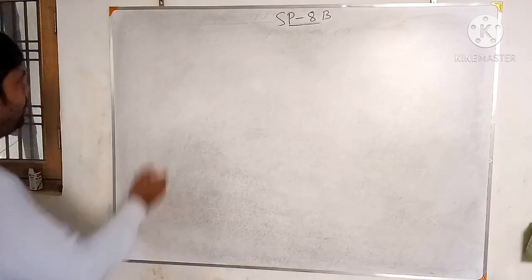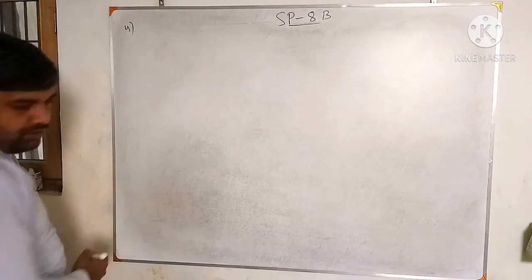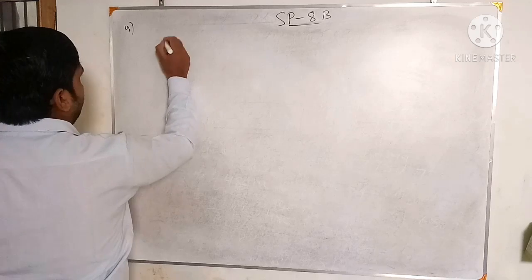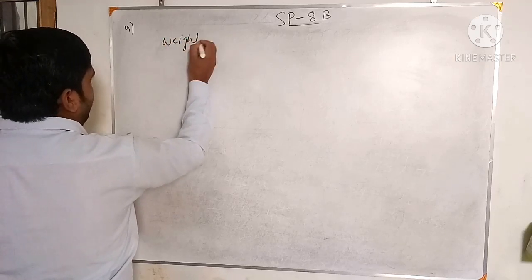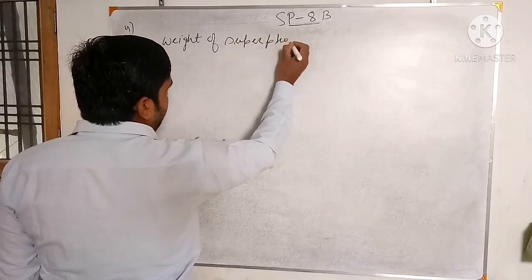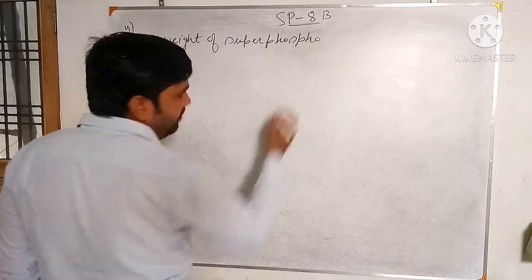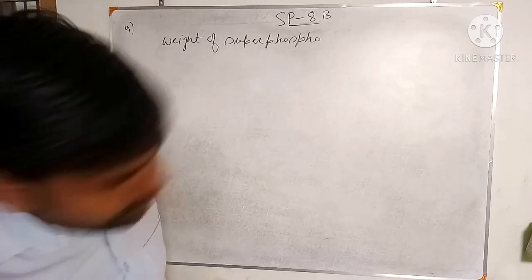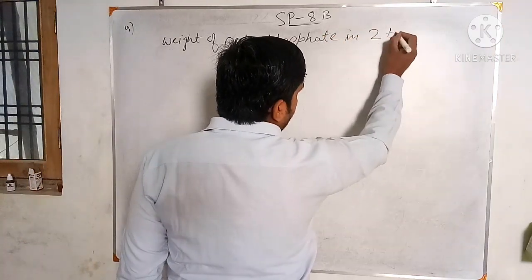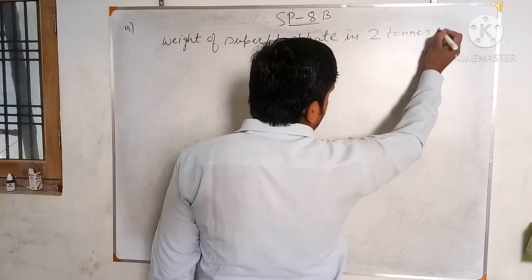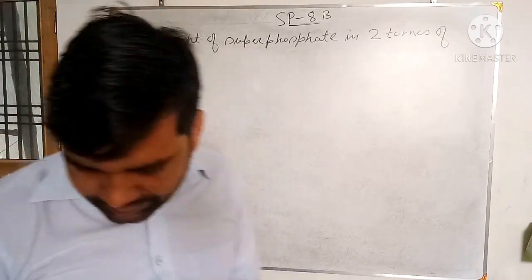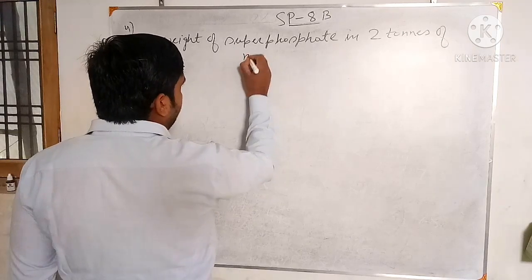So in question number 4, what do you have to find? The weight of superphosphate in 2 tons of the mixture.